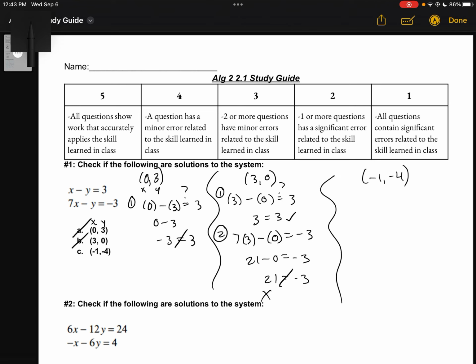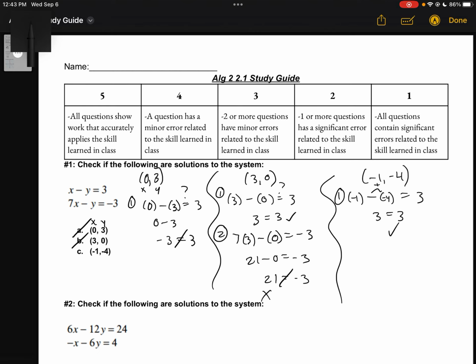Lastly here, negative 1, negative 4. So negative 1 minus negative 4, these two negative signs come together to be plus, so that actually will be 3 equals 3.